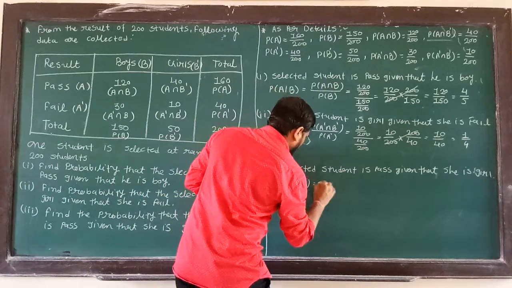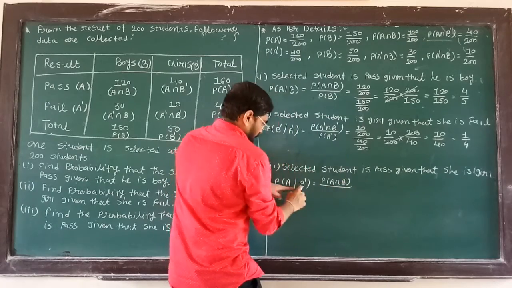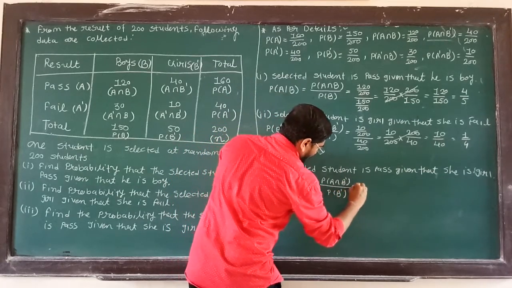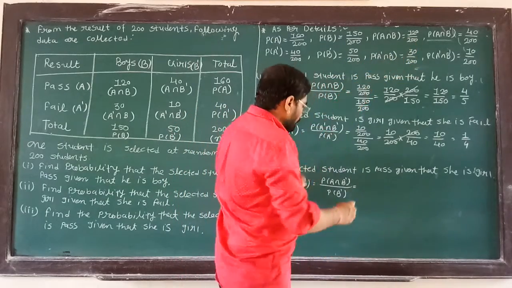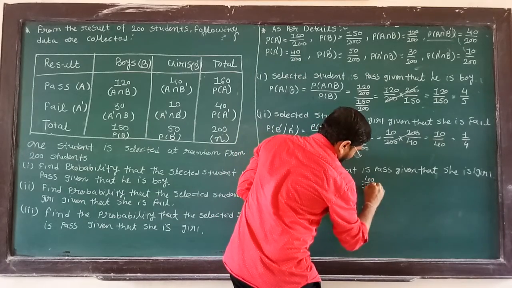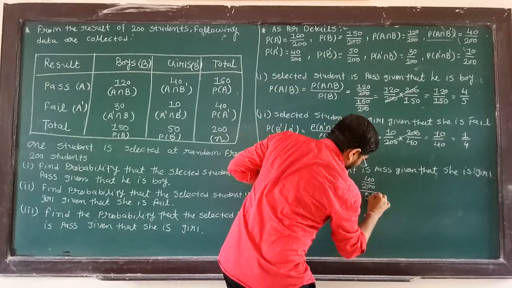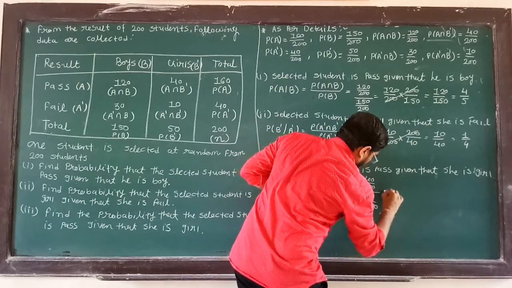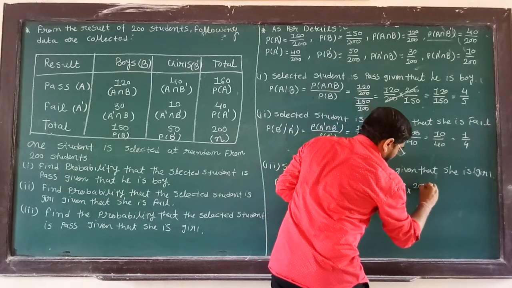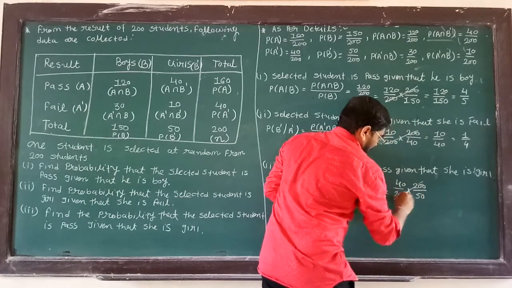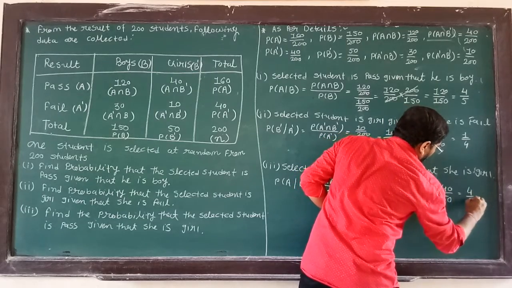Now arranging the formula: P of A intersection B dash upon P of B dash. A intersection B dash is 40 upon 200, and B dash means 50 upon 200. 200 upon 50, both 200 cancel. 40 upon 50 means 4 upon 5.